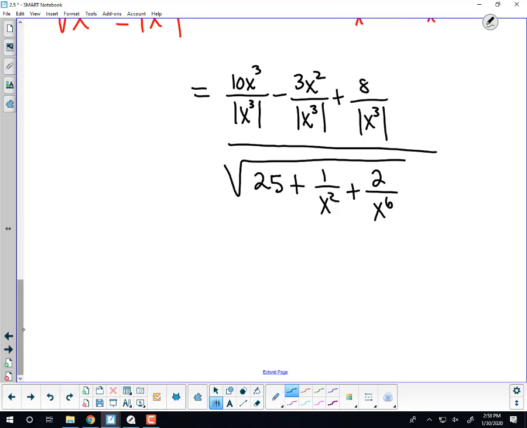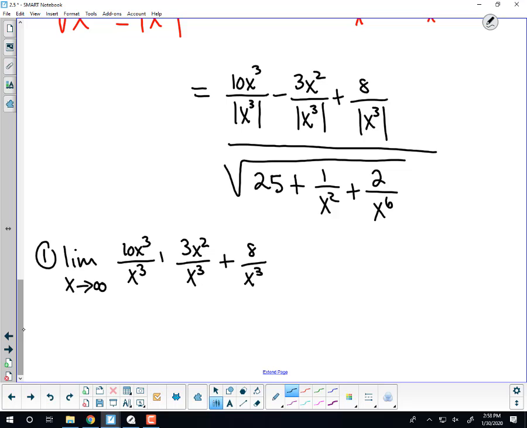So then when I come to compute the end behavior, let's say the limit as x approaches infinity, well, x is a large positive number, so I don't need the absolute value. This function just becomes 10x cubed over positive x cubed, minus 3x squared over positive x cubed, plus 8 over x cubed, all over the square root of 25 plus all that stuff.